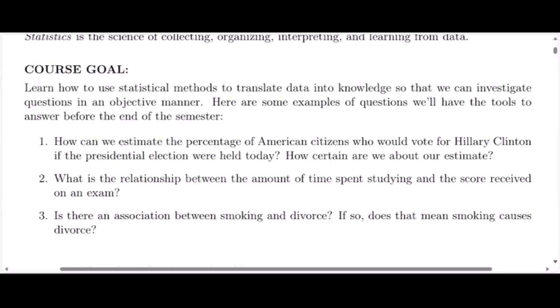The former President Trump contested in 2016 and also contested in 2020. Can we use statistics to find whether there is any relationship between the percentage of votes he got in 2016 and what he got in 2020? Statistical methods can be used to figure that out.